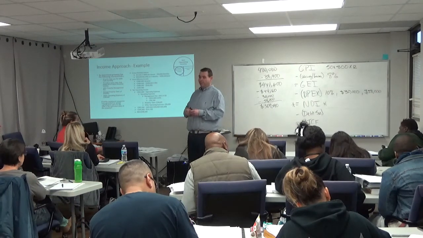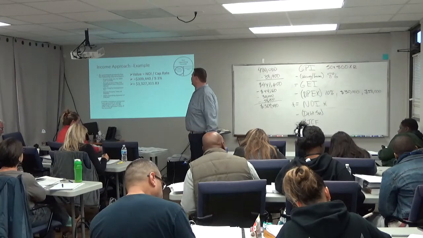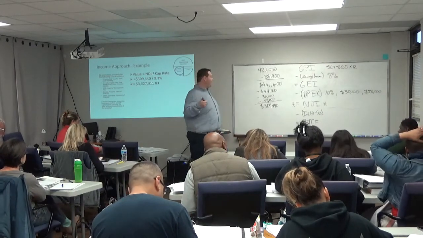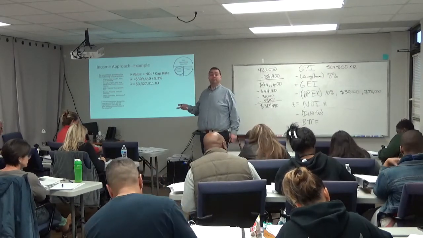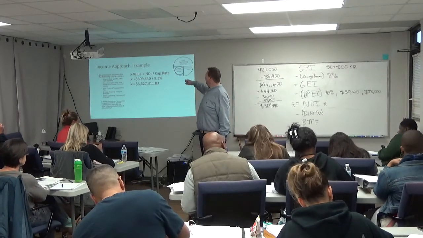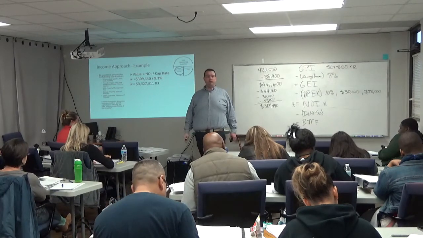So that you can do the other. Because that's the number we need to plug back into our formula, right? We need the NOI, which we now have at $309,440, and we need the cap rate, which they gave us. Does that make sense? So, NOI of $309,440 divided by a cap rate of 9.3%.